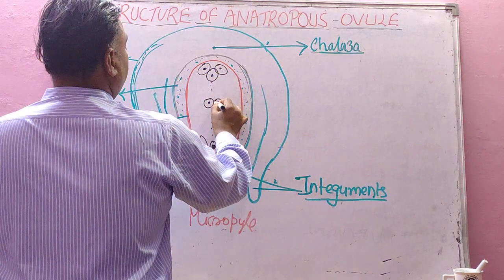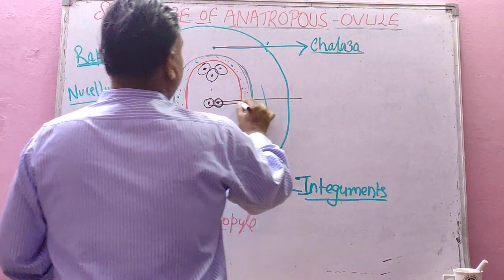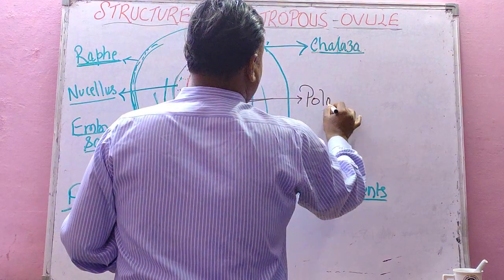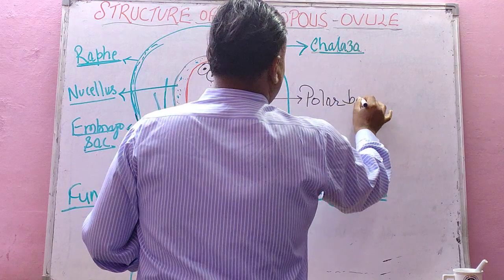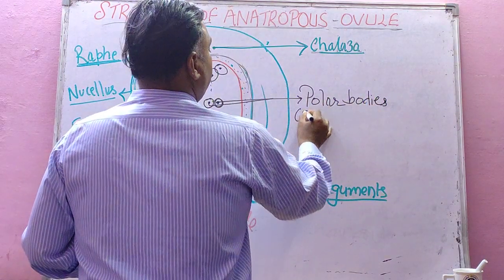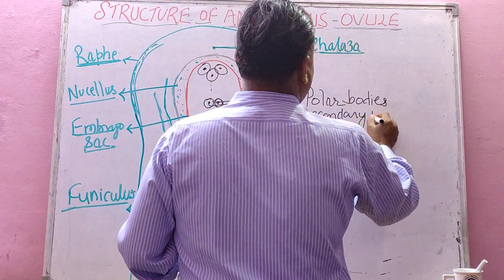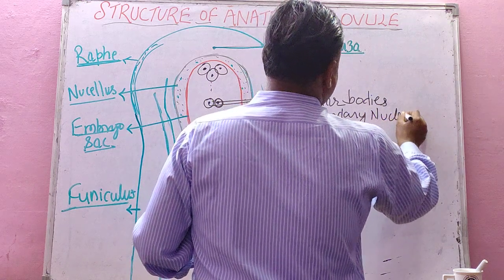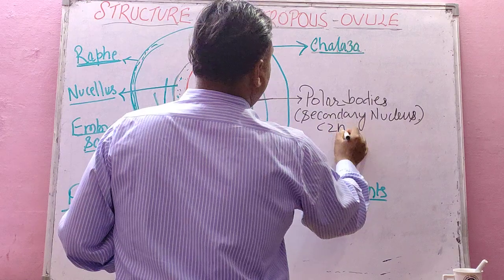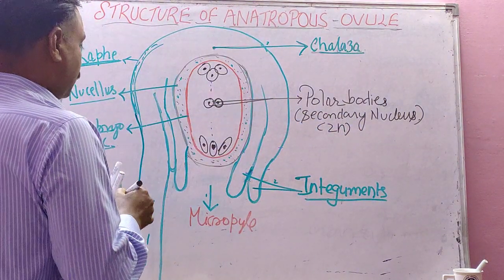Because they are migrating from the poles, these are called polar bodies or secondary nucleus. That is your 2n, because 2 cells from each pole migrate and fuse in the center.